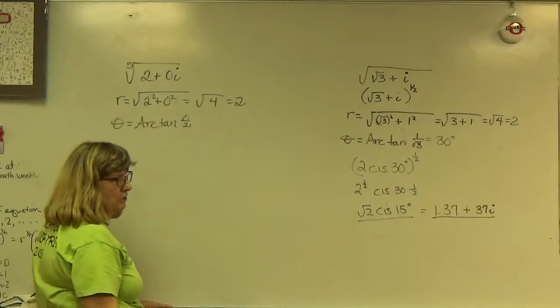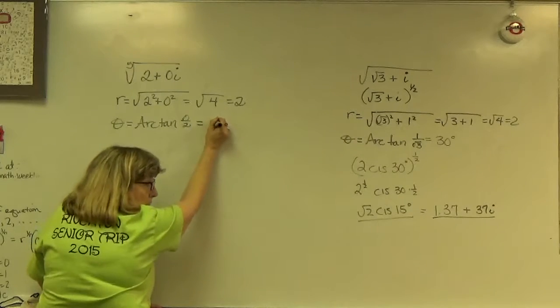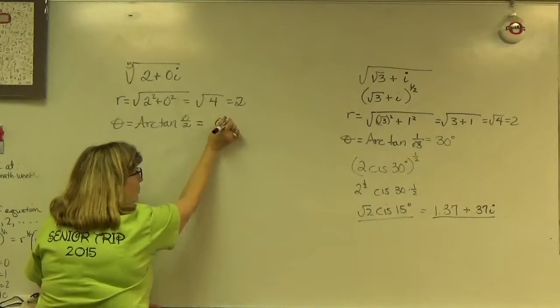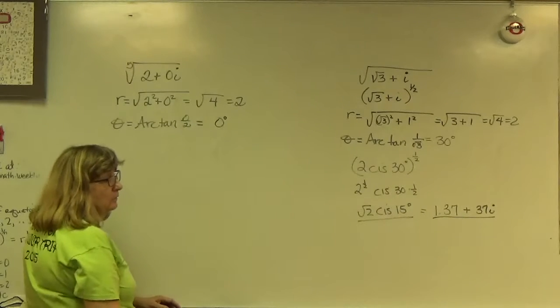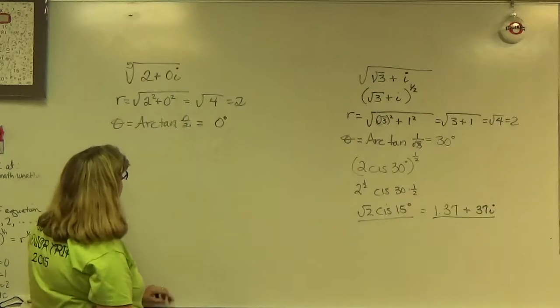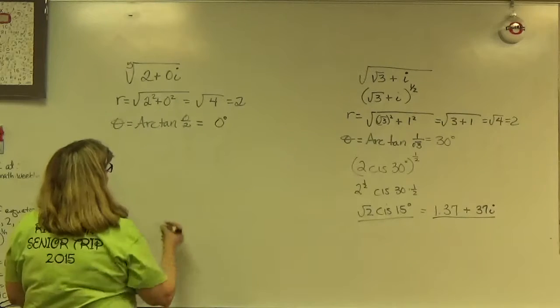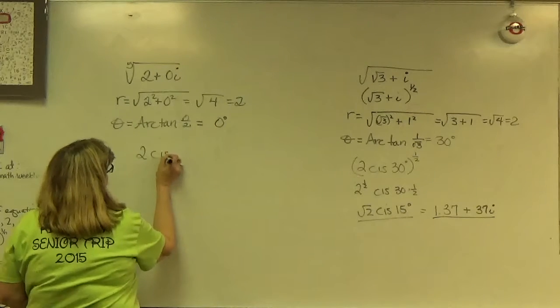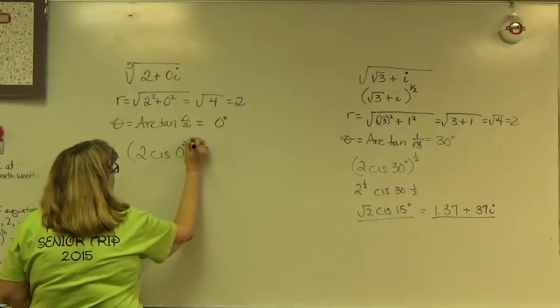So what's the arctangent of 0? Isn't it 180? No, that's when it's undefined. It should just be 0, right? If the 2 would have been negative, then you would have added 180. But the 2 is not negative, so we have 2 cis 0 to the 1/5 power.